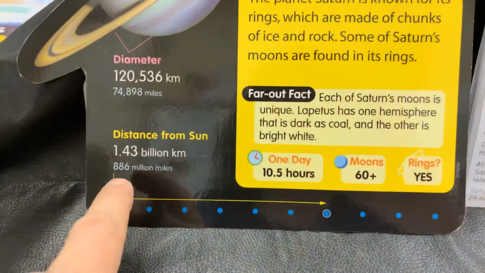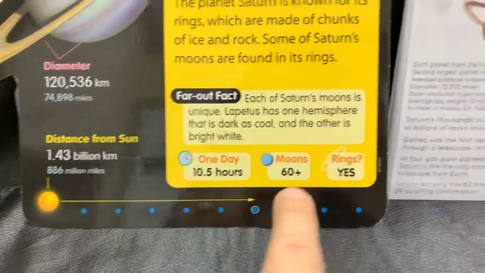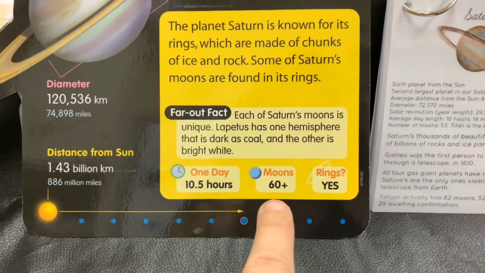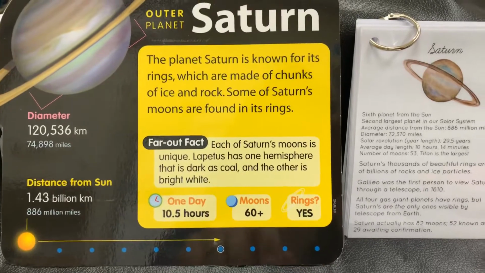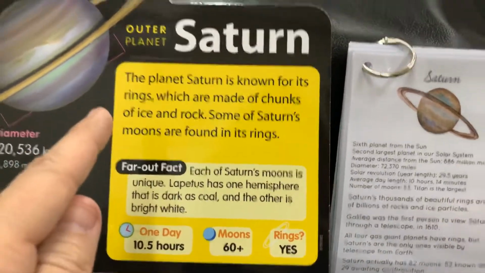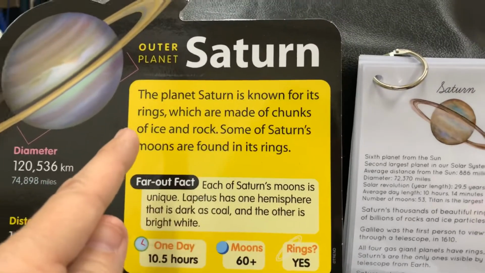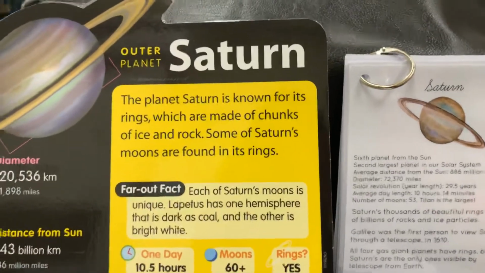All right. Distance from the sun in miles, right here. How many moons? Does it have any rings? Yes, it does. All right. Could you write an interesting fact about the rings of Saturn? What are they made up of?